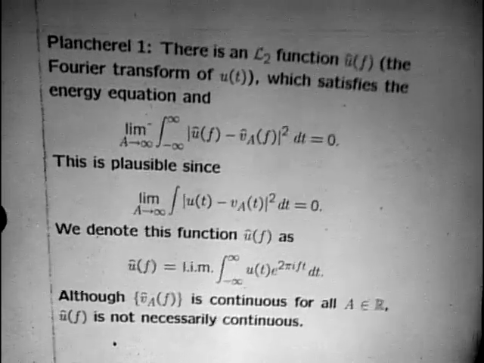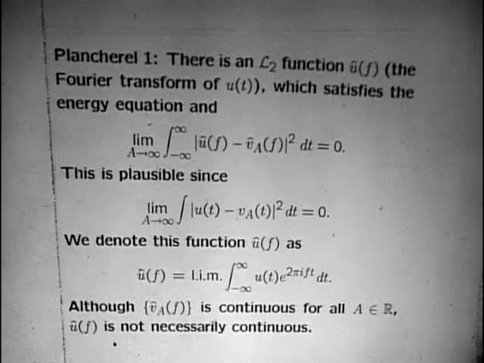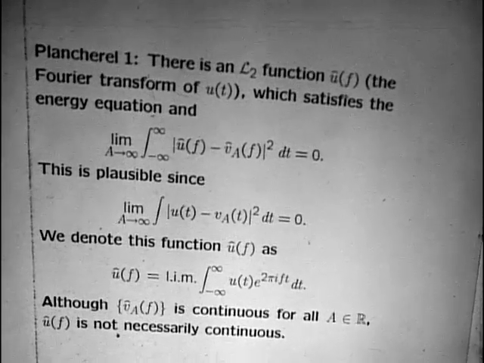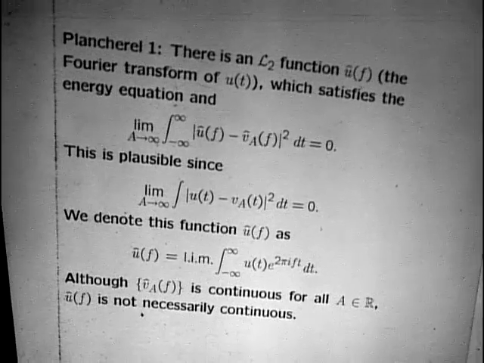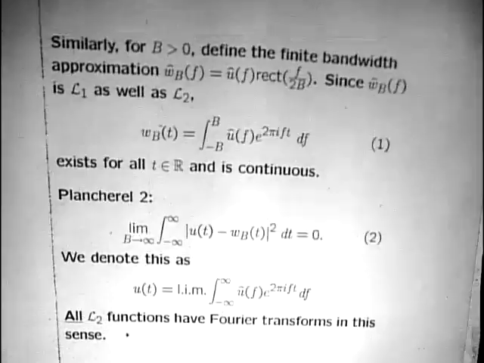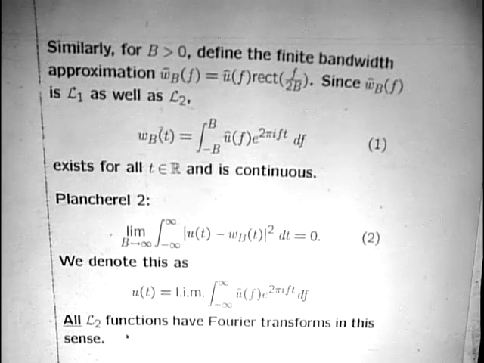So sticking to L2 functions says you can be a careless engineer, you can use lousy mathematics, and you'll always get the right answer. So it's nice for engineers. Nice for me. I don't like to be careful all the time. I like to be careful once and then solve that and go on.